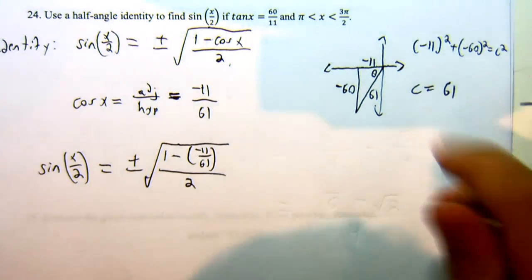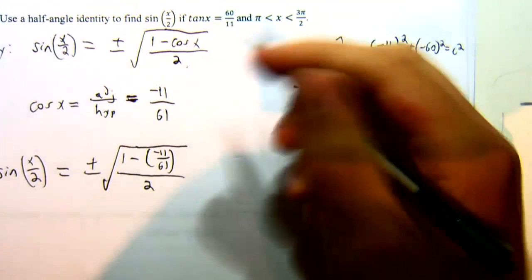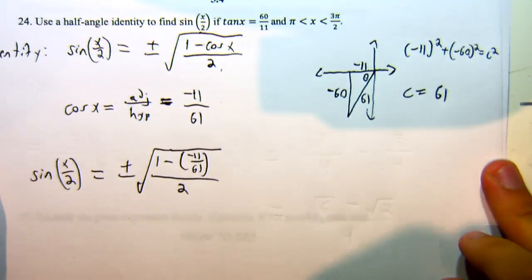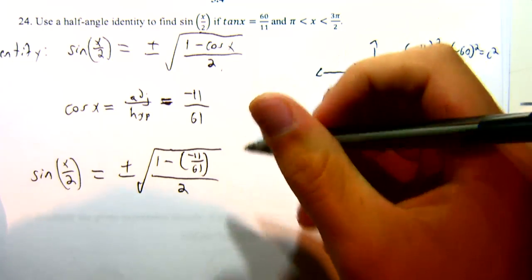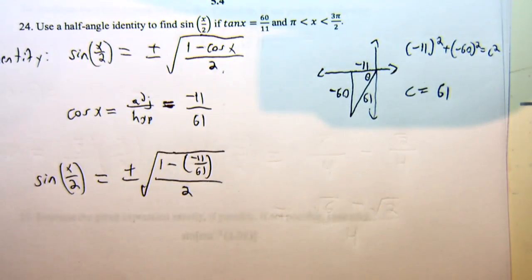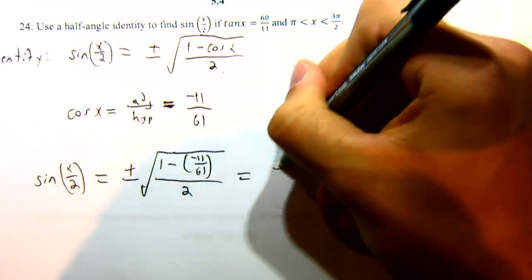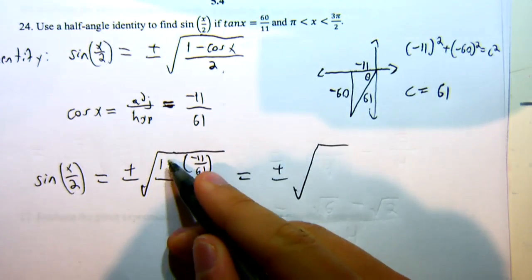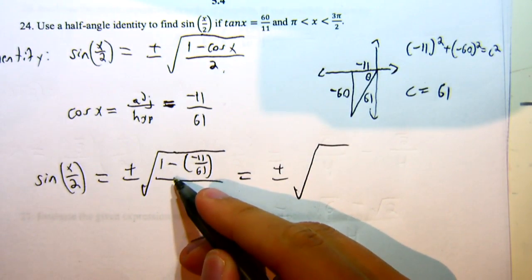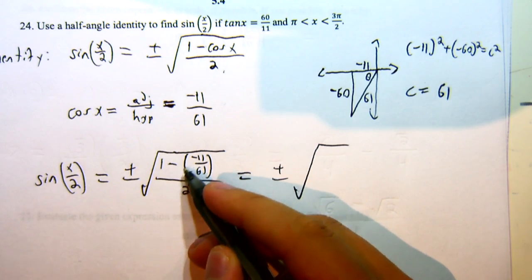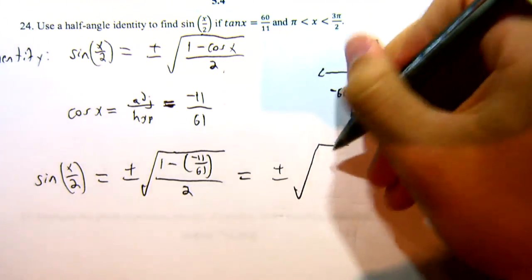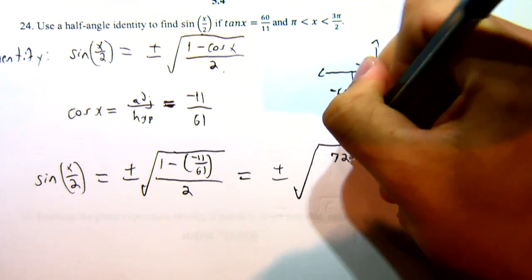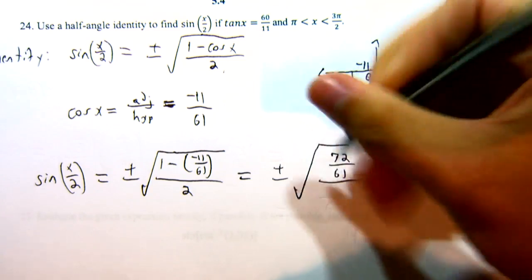Alright, and now what we want to do is find a common denominator there. So basically this becomes 61 over 61, and then you're going to add an 11 to that, so that's 72 over 61, divided by 2.